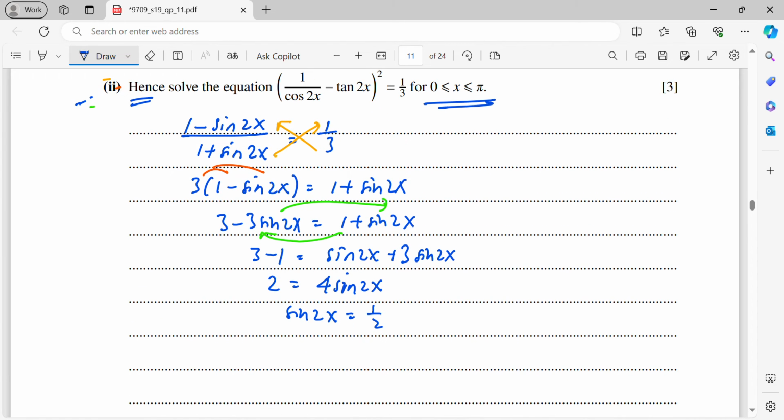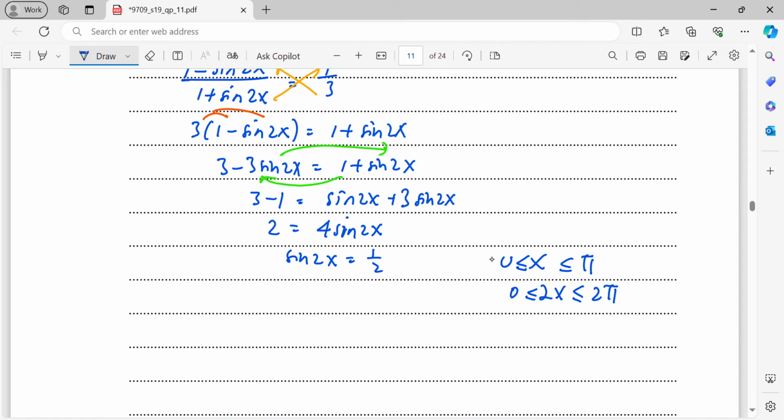Okay, now look at here. Your x is between 0 and pi. And now we are solving 2x. So I will have to get the domain for 2x or interval for 2x, which is times 2. So you just get 0 until 2 pi. And now I will just draw the quadrant. Sine angle is half.